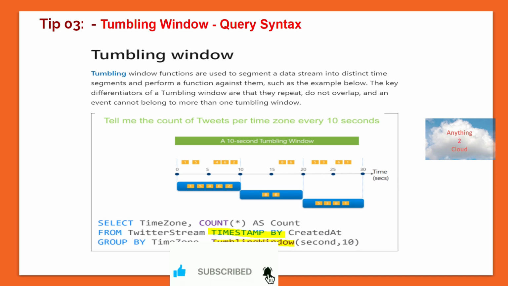So this is the syntax for a tumbling window to find the count of tweets per time zone every 10 seconds. Basically, we need to use this TIMESTAMP BY field. Then you have to use the tumbling window to identify the count of tweets per time zone every 10 seconds. Just remember this, we have to use TIMESTAMP BY as well as the tumbling window in this query.